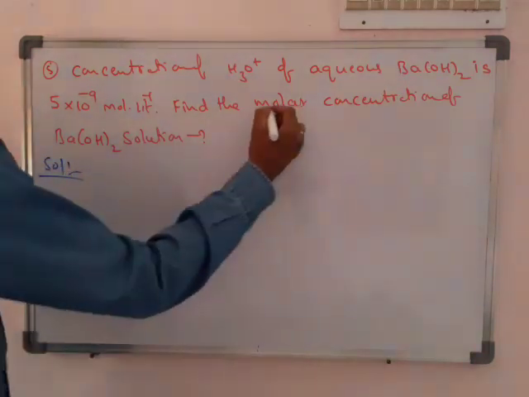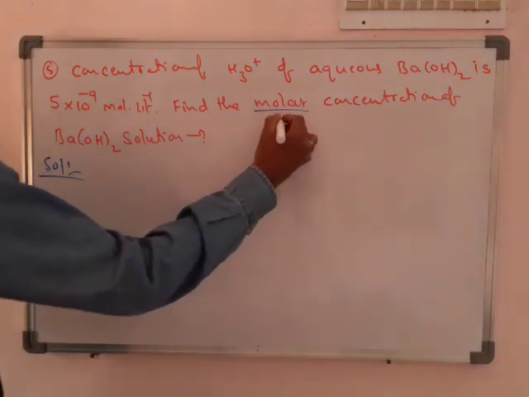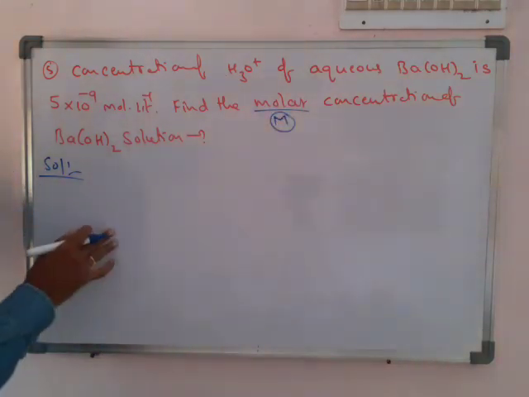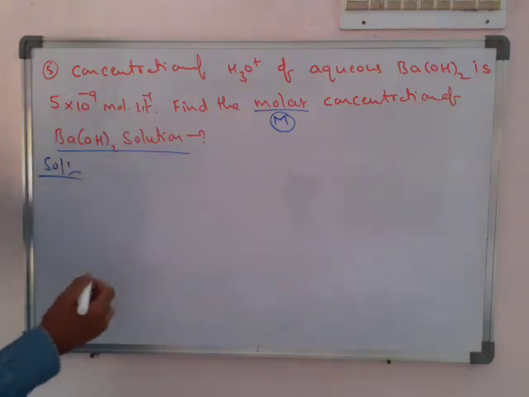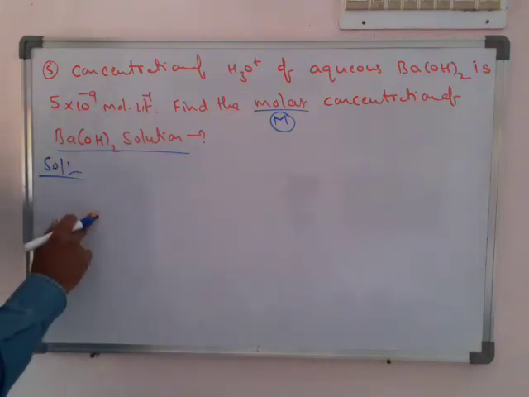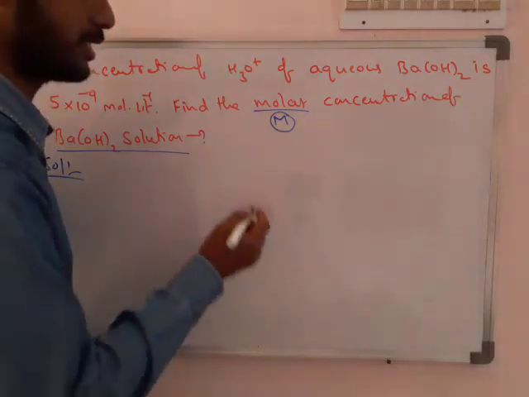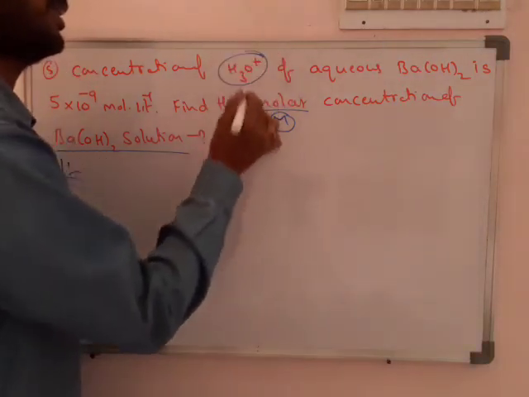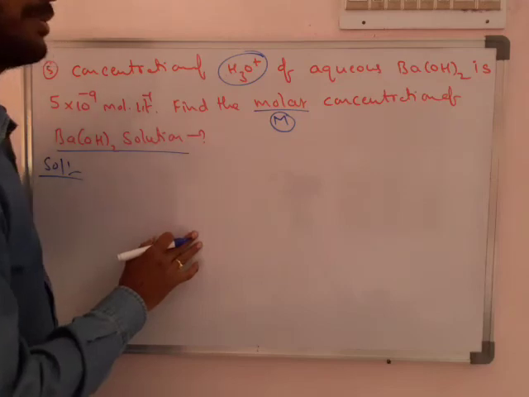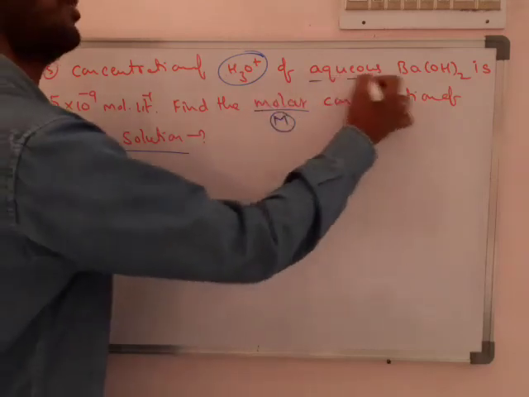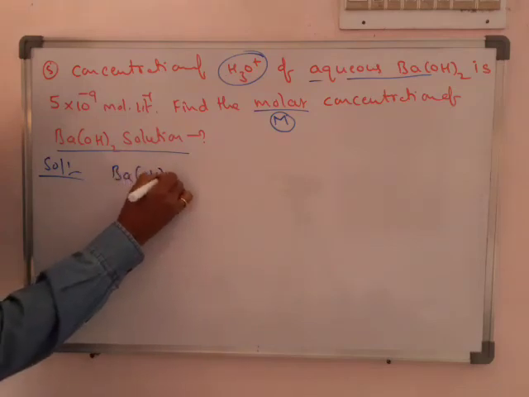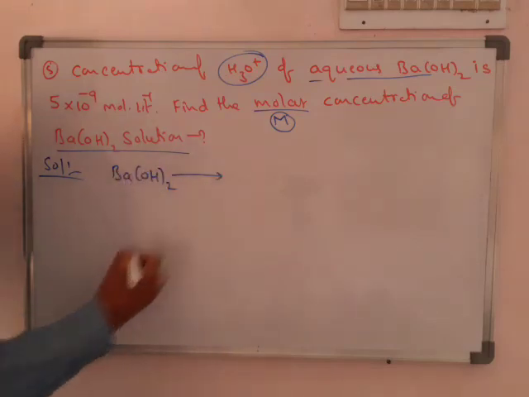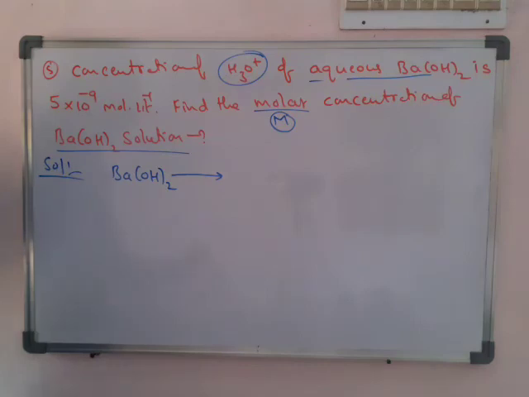Okay, see, you have to find the molar concentration, which means we have to calculate in terms of molarity for the barium hydroxide solution. So what is the given information? The information is given about the proton concentration, nothing but the hydronium ion concentration of the aqueous solution. So first we see what is the barium hydroxide dissociation.